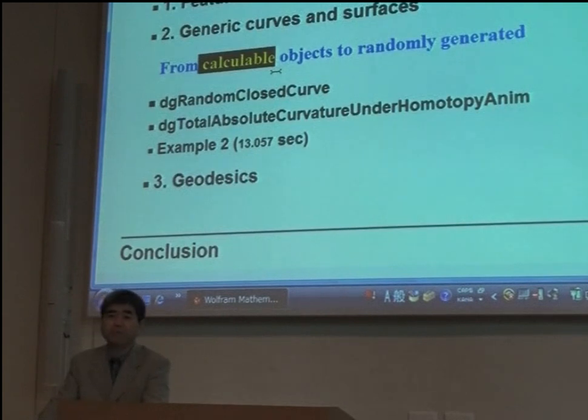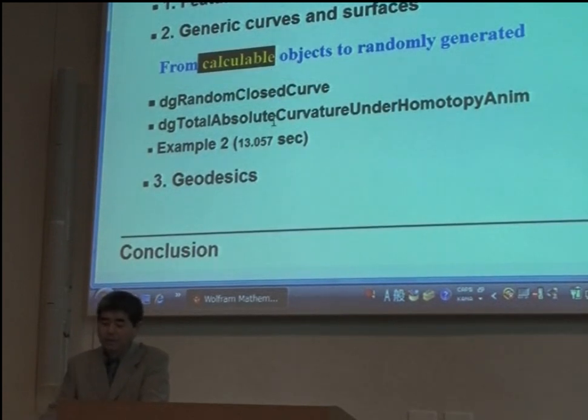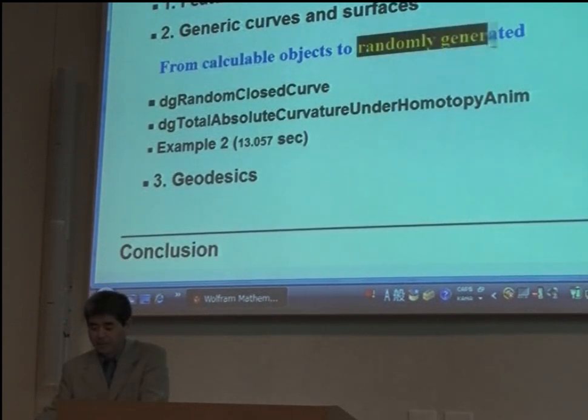But numerical functions of Mathematica make it possible to treat curves or surfaces as long as the parameterization is given, even if the parameterization is fairly complicated. So this makes the range of examples very wide, and even allows us to treat randomly generated curves or surfaces.